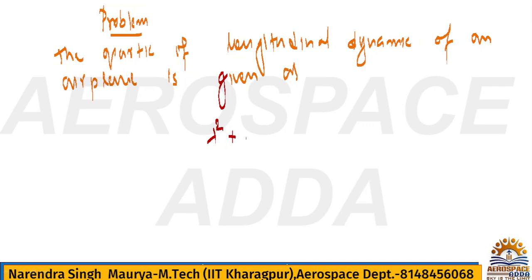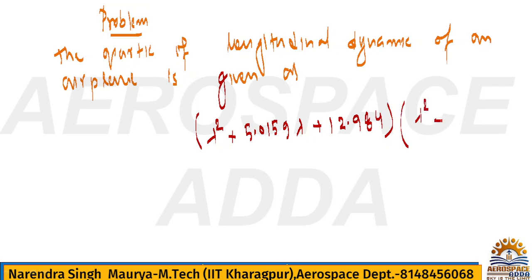The equation is lambda square plus 5.019 lambda plus 12.984 in one bracket, and in the second bracket lambda square plus 0.03406 lambda plus 0.0454 bracket, equal to 0. Actually they have given it in standard format, but you have to convert it into power 4, so it will be easier for you. This is the equation.